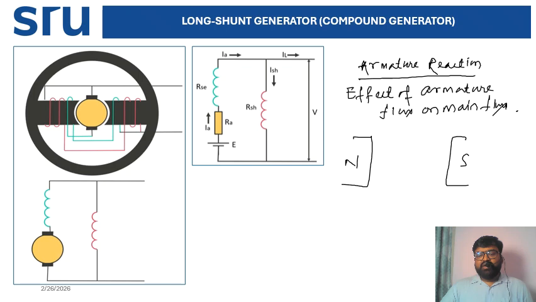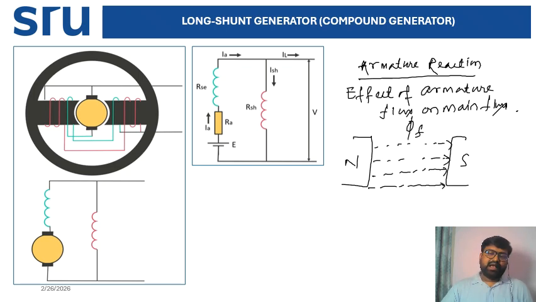We studied that the magnetic lines always go from the north pole to the south pole, and due to the magnetic lines one flux is produced, known as the field flux. The direction is like that.